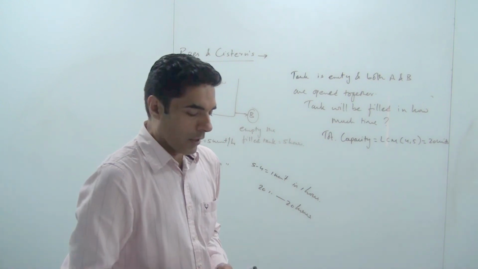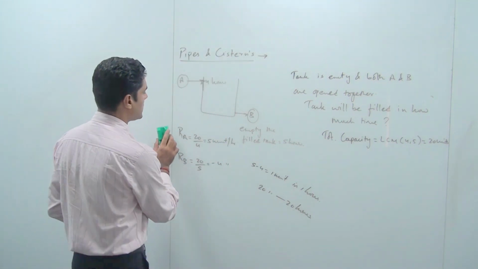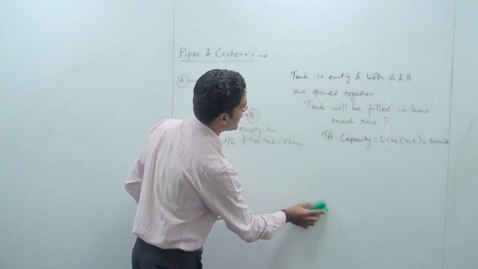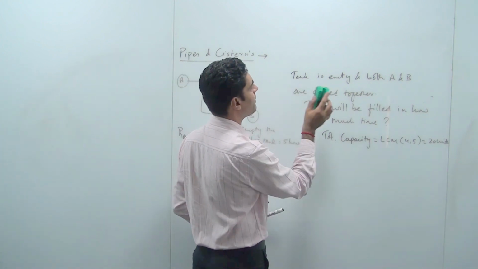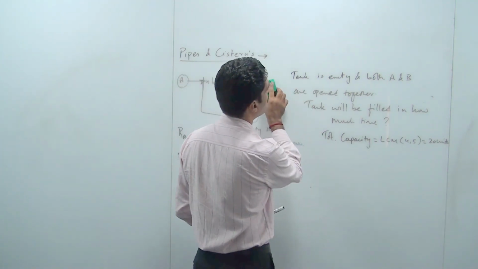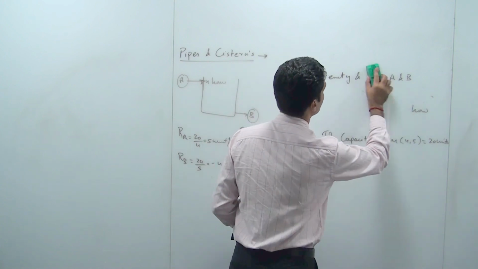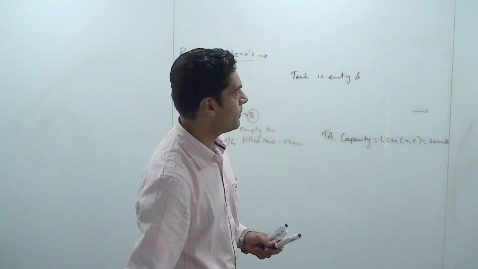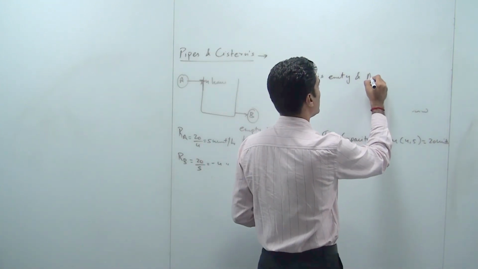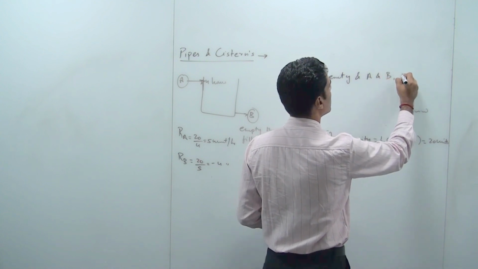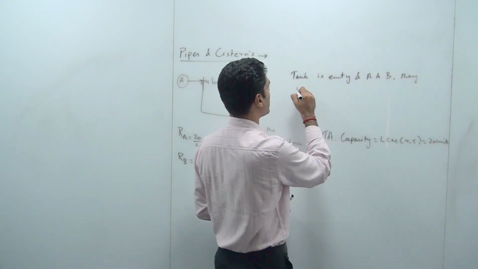Now, there can be a few changes that can happen in this question. Let's say I say that the tank is empty initially, and now A and B work in alternate hours.